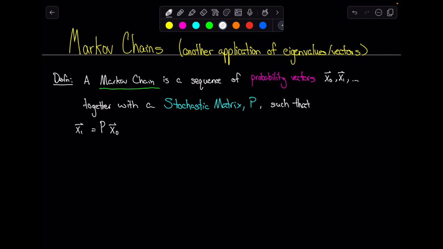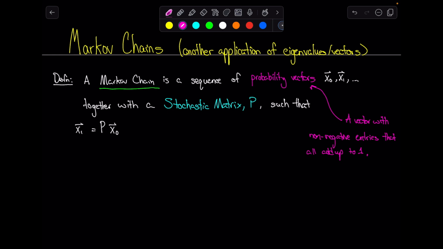And I'm going to explain what this means, but loosely, a probability vector is a vector with non-negative entries that all add up to 1. And that's what's called a probability vector.